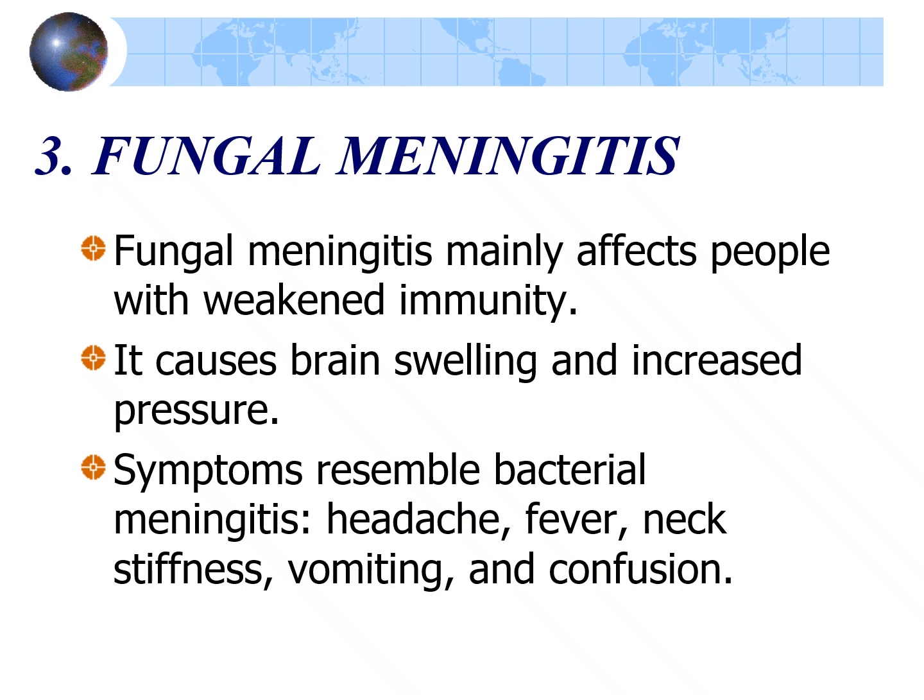The fungus invades the brain's protective layers and causes swelling and increased intracranial pressure. So the signs and symptoms are almost identical to bacterial meningitis. We have headache, blurred vision, fever, neck stiffness, vomiting, and also confusion.